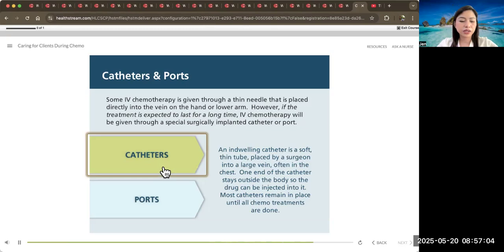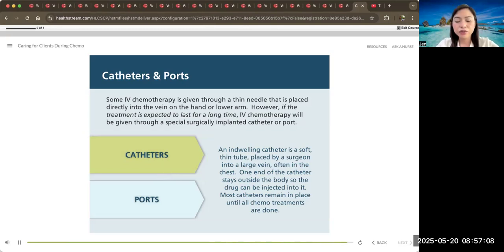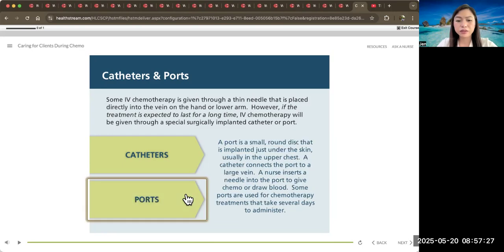Okay, let's read catheters. An indwelling catheter is a soft, thin tube placed by a surgeon into a large vein, often in the chest. One end of the catheter stays outside the body, so the drug can be injected into it. Most catheters remain in place until all chemo treatments are done.